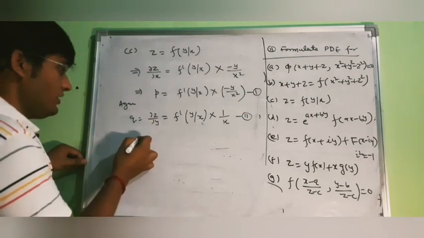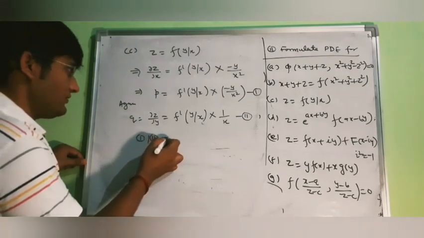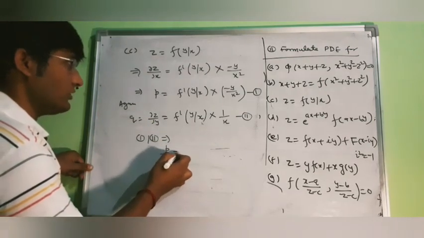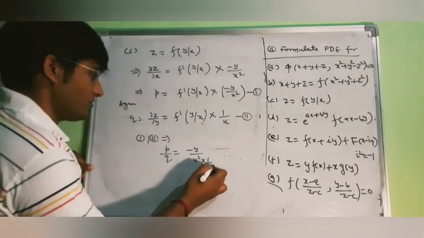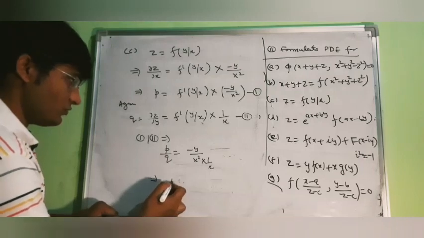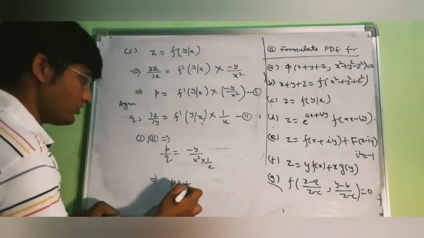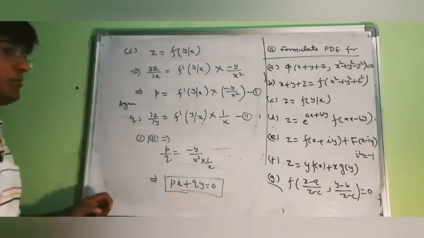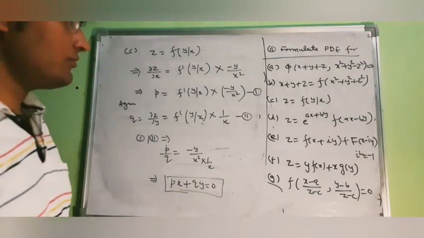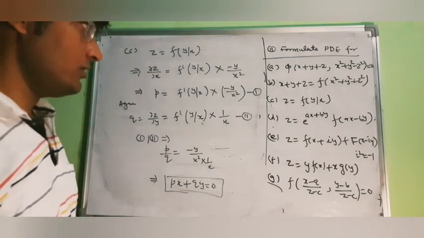So 1 divided by 2 implies p upon q equal to minus y upon x square into 1 by x. So you can see that your p times x plus q y equal to 0. So this is your partial differential equation in the problem number 3.